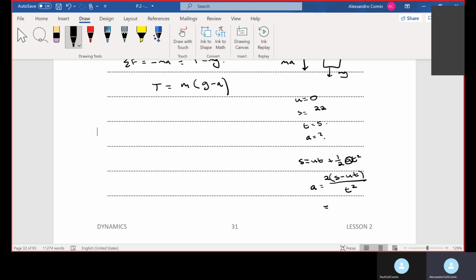Actually, yeah, that u is equal to 0, so it's just 2s on t squared. That's going to equal 1.76.